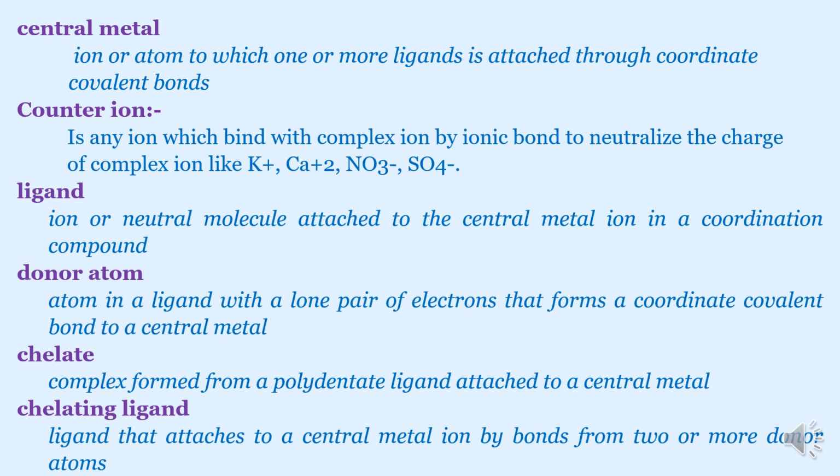A chelating ligand is a ligand that attaches to the central metal ion by bonds from two or more atoms. A monodentate ligand cannot be considered a chelating ligand, but bidentate, tridentate, tetradentate, and other types can. All polydentate ligands can be considered chelating ligands.